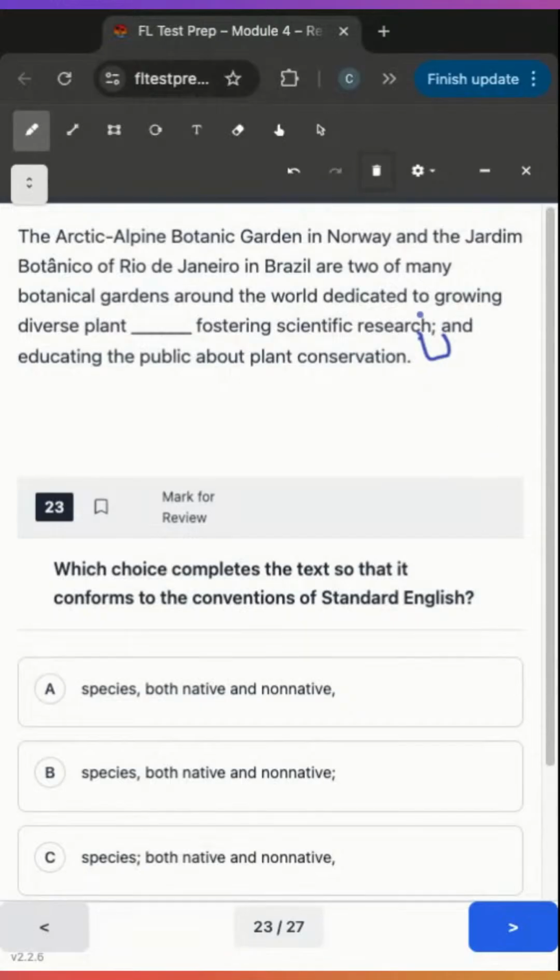Okay, so this looks like the first item is dedicated to growing diverse plant species, then fostering scientific research, and educating the public about plant conservation. So I know that there should be a semicolon used because remember, there are 3 items in the list, and you need to separate 3 items with 2 semicolons. We have to use a semicolon because only 1 is in the passage.